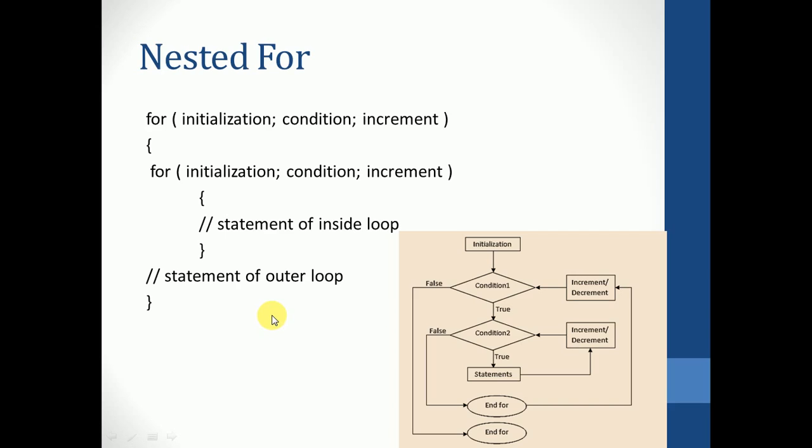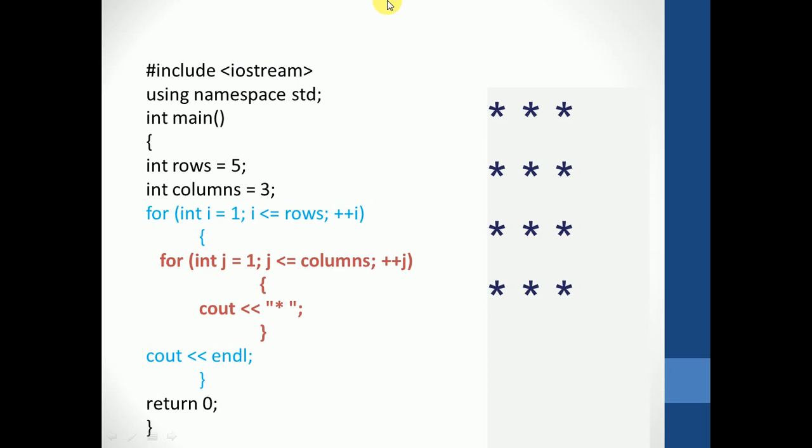This is how a nested for loop works, and we will see a simple program of how a nested for loop works. Now again it starts with hash include iostream. So what is the task here? To display 5 rows of star patterns to be printed with 3 columns.